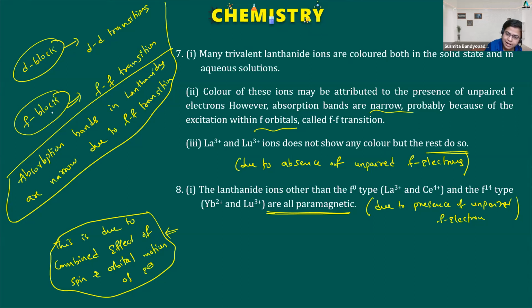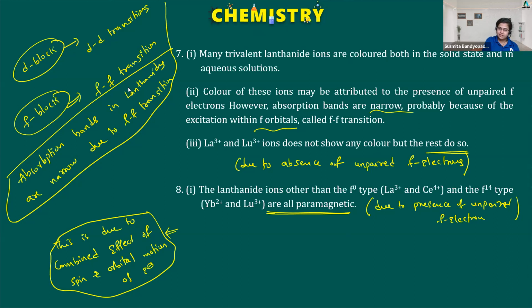If there's an unpaired f electron, f-f transitions will take place, and you can observe color for those compounds. For K2Cr2O7 and KMnO4, I didn't give details because we don't have that much time, and they don't ask details.